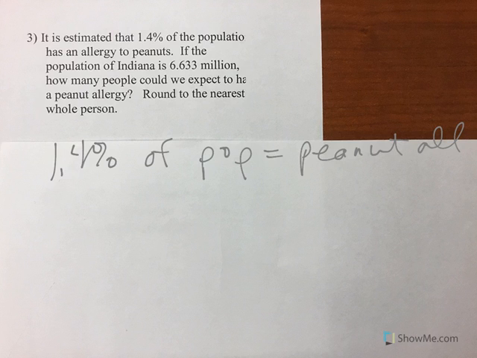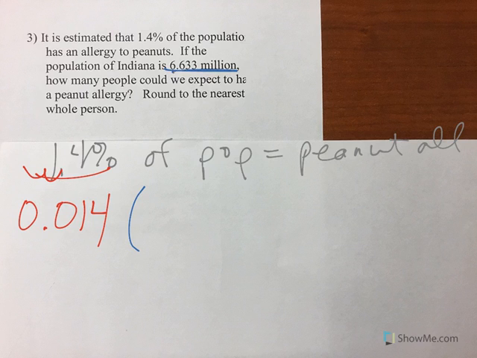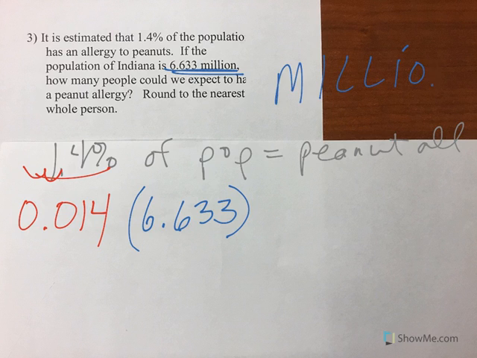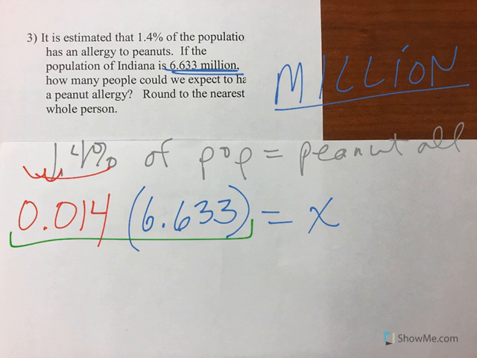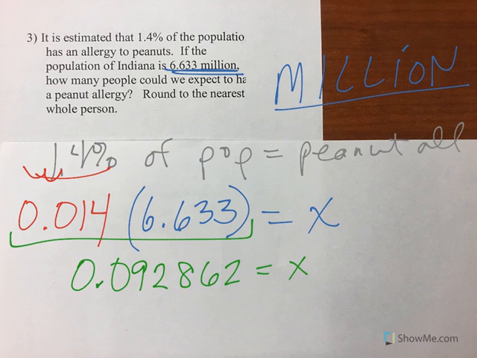So if we move it 2 places, we get our decimal. Of means to multiply. So we're going to multiply by the entire population. Well, here's the population. So I'm just going to go ahead and type it in like this, knowing that my final answer now is going to be in million. Equals peanut allergies. So if I multiply these 2 numbers together, I get 0.092862.